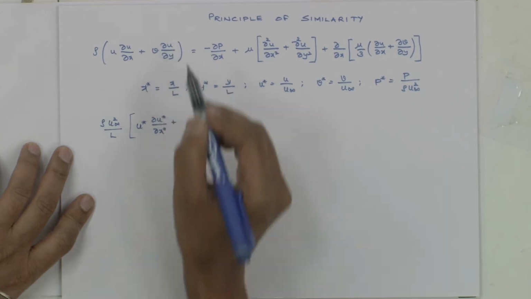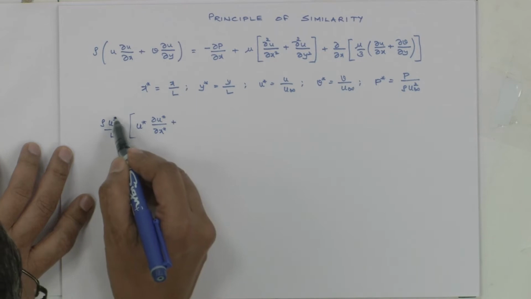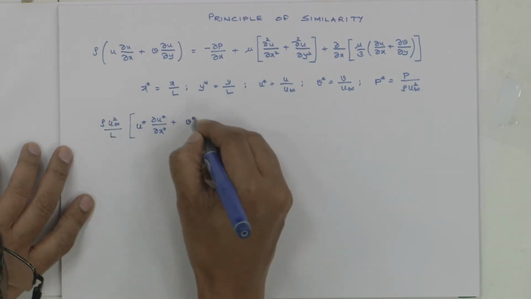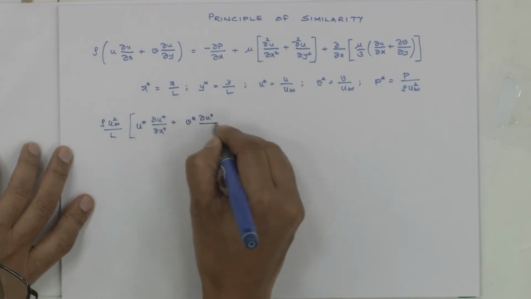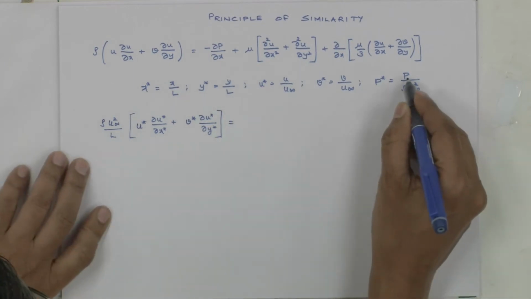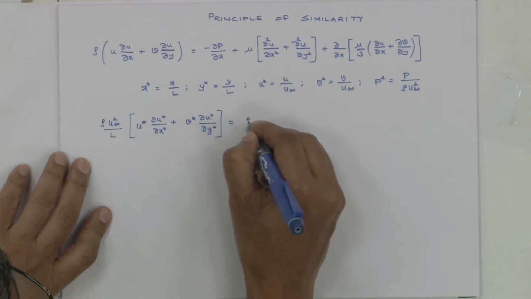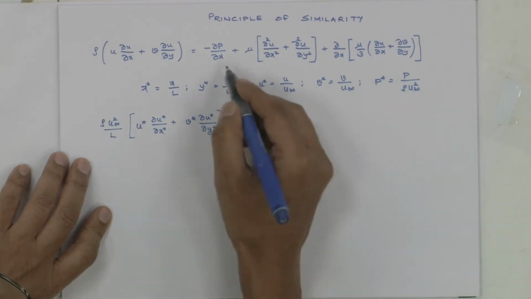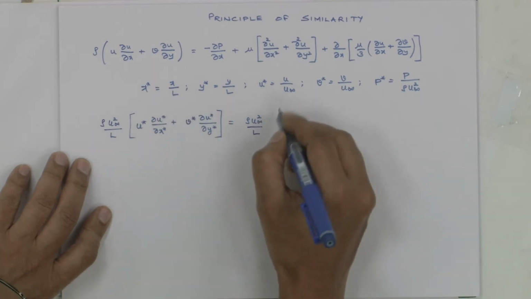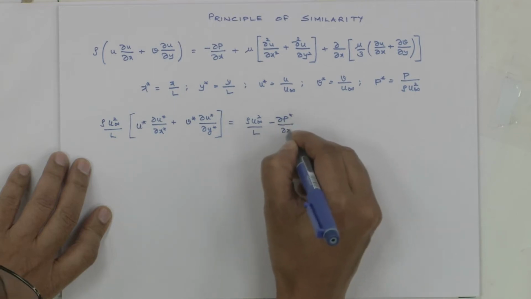For v and y, again we are non-dimensionalizing with u infinity and L, so you will end up getting u infinity squared by L only. So you get v star del u star by del y star. And for p, I have to write p star into rho u infinity squared, and for x, x star into L. So L gets out and I get minus del p star by del x star.